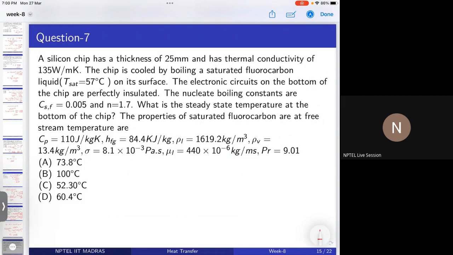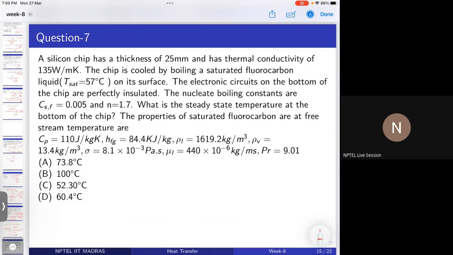This will increase the temperature of the surface, and it can go beyond the melting point of the surface. This is commonly known as the burnout point, beyond which we cannot go.